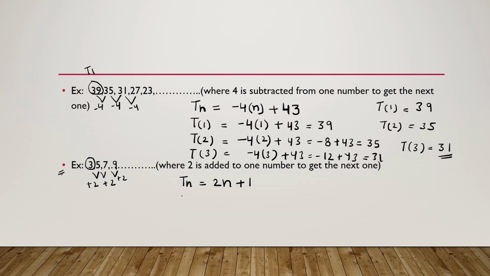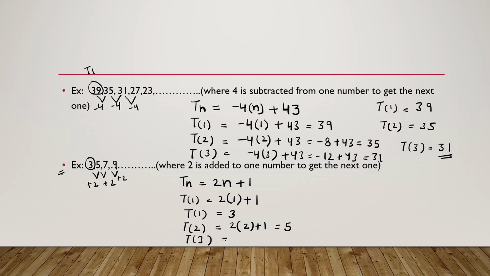First we will concentrate on the first term of the sequence. How do we calculate it? T1 equals 2 times 1 plus 1. So our first term is T1 equals 3. 2 into 1 is 2, plus 1 is 3. Likewise, T2, the second term, equals 2 times 2 plus 1, that is 2 into 2 is 4 plus 1 is 5.